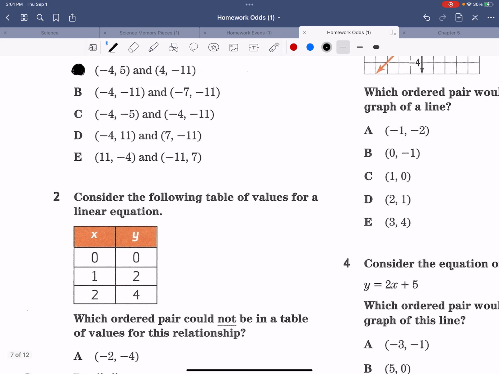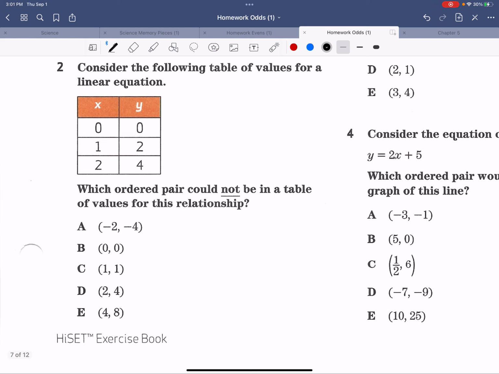Okay, number 2. Consider the following table of values for a linear equation. Which ordered pair could not be in a table of values for this relationship? So I think how best to approach this. There are lots of ways you could do it.